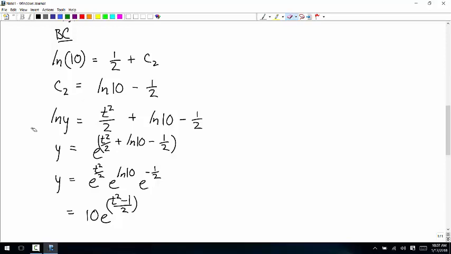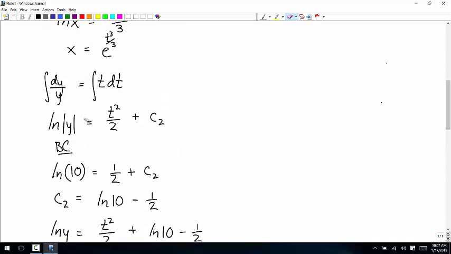You did something where it was plus c2, but then you brought that in front of the e power before solving. Okay, so if I would have gone straight from here, I would have gotten a function. So natural log of y, because we're dealing with positive y's, is equal to t squared over 2 plus c2.